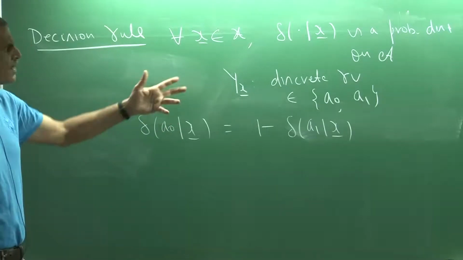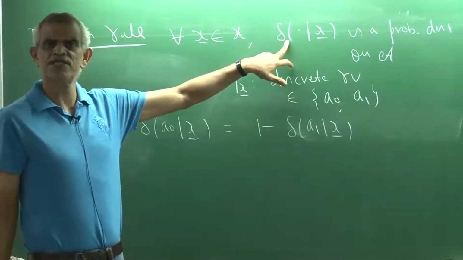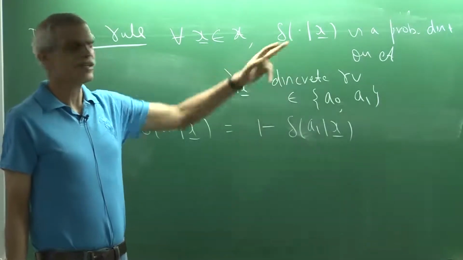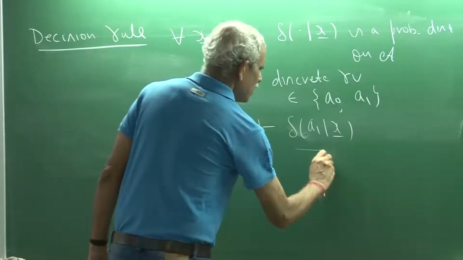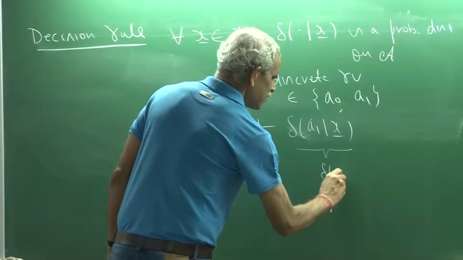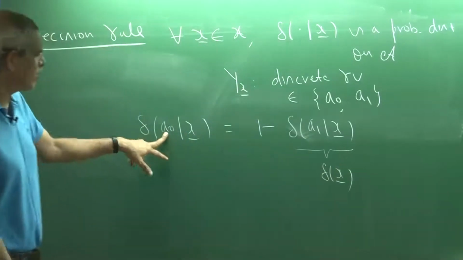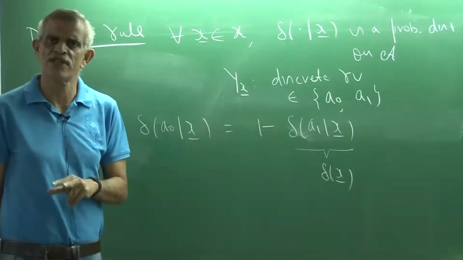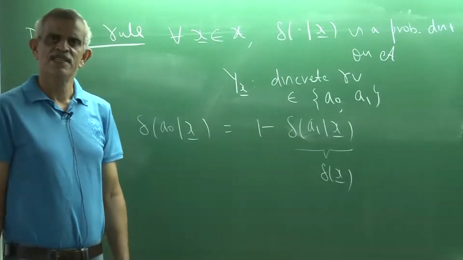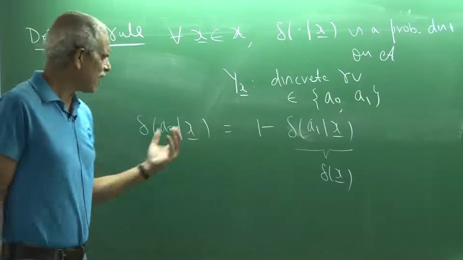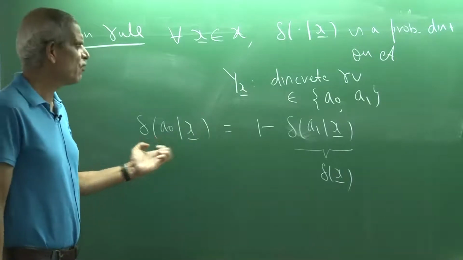So in certain sense, I can represent my probability distribution delta dot x only by delta x. I can call this to be just delta x, so that I don't have to carry all the time a0 and a1. This is just for simplicity of notation. I call delta a1 given x to be delta x, so that delta of a0 given x is nothing but 1 minus delta x.